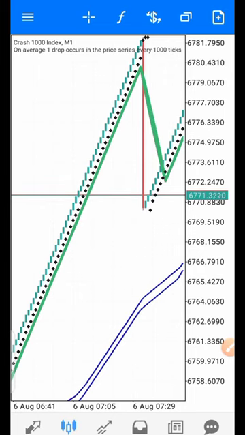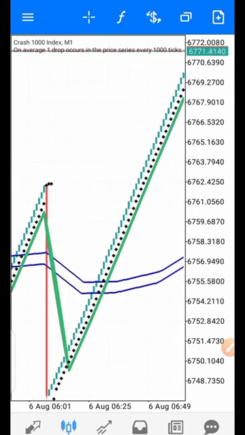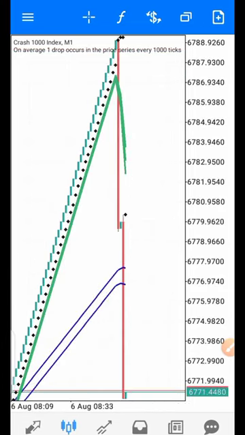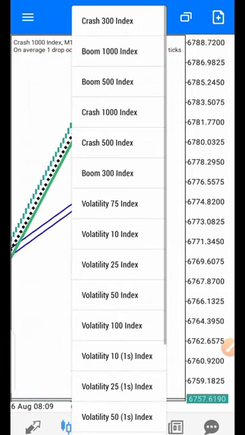You understand? In those markets, indicators don't commonly predict the market well. That is the one truth you don't want to hear. The strategy easily fails in the 300 markets, boom 300 or crash 300.